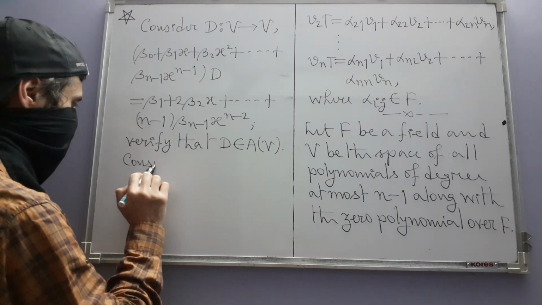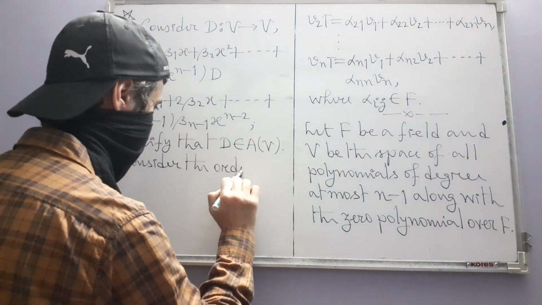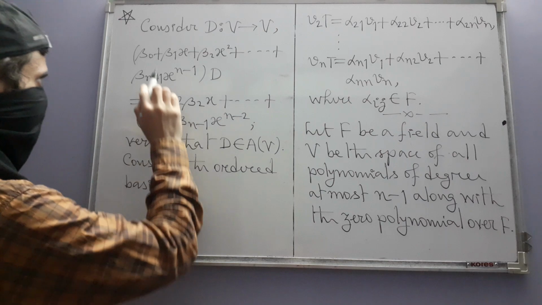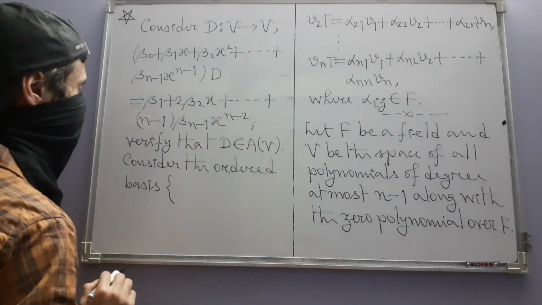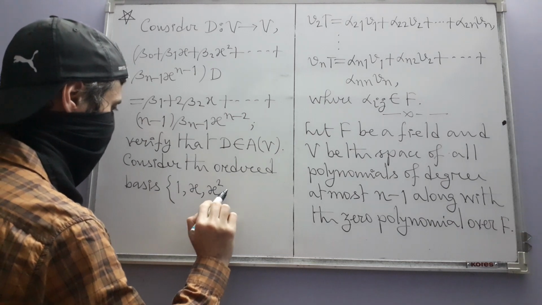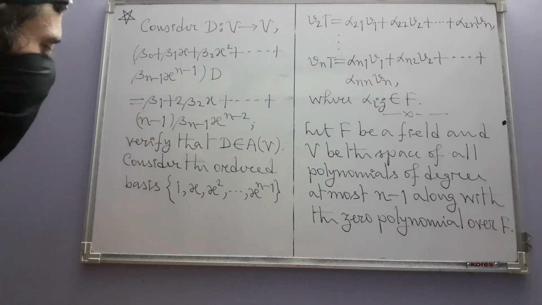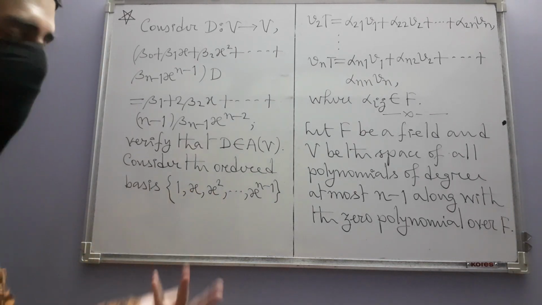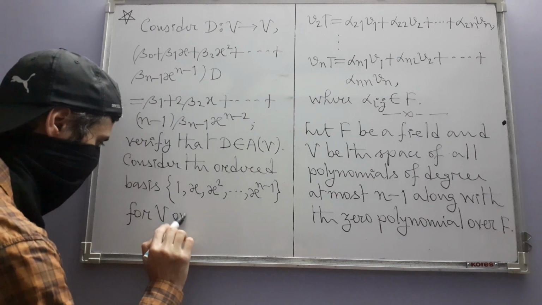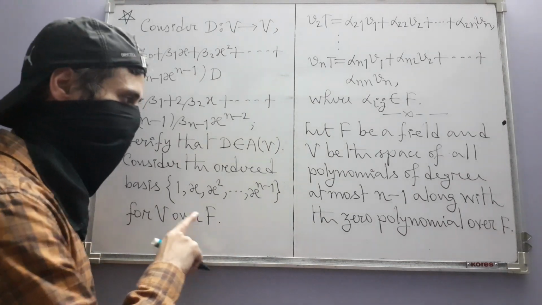Now consider the ordered basis. Looking at the structure of the general element in V, it's not difficult to see that these monomials form a basis for V, and say we have decided to take the vectors in this quite natural order for V over F. Note that we know what V is, but F we haven't specified.